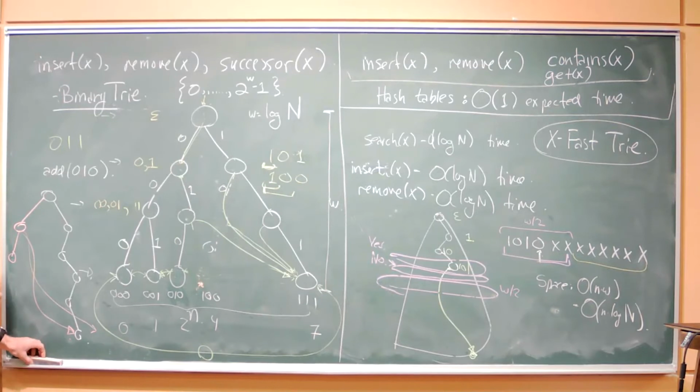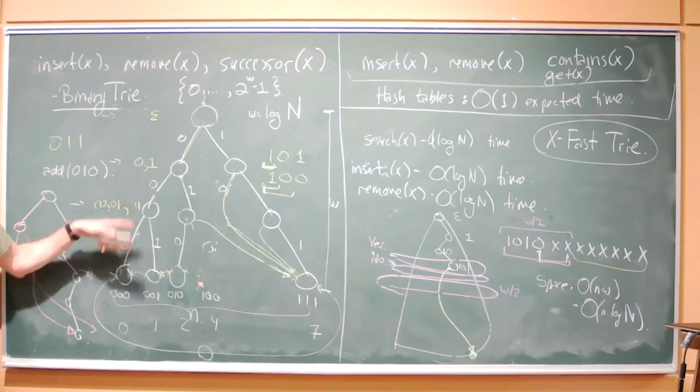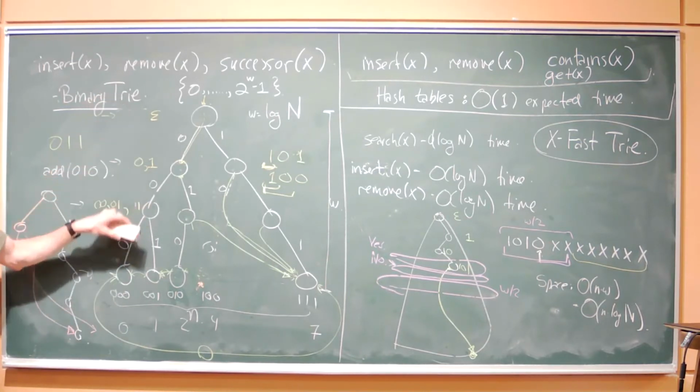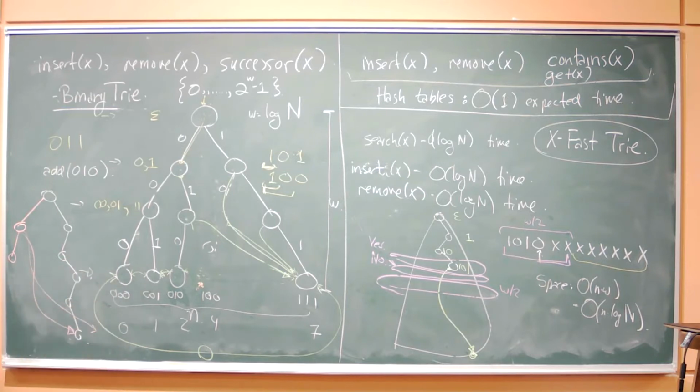Actually, if you think about it, do we really need the tree at all? Do we need the left and right pointers? Somehow the whole tree is implicit in this sequence of hash tables. But don't worry about that for now. It's still good to think of the tree as being there.